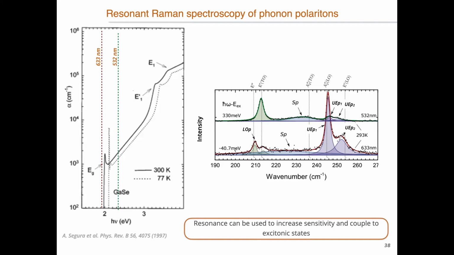By bringing the light not in resonance, but close to the exciton energy in this material, okay? We're not quite at it, only 40 millielectron volt away, what I call quasi-resonance. You can see that the mechanical phonon intensity is rather low compared to the guided polariton, meaning that our signal-to-noise ratio is significantly enhanced.